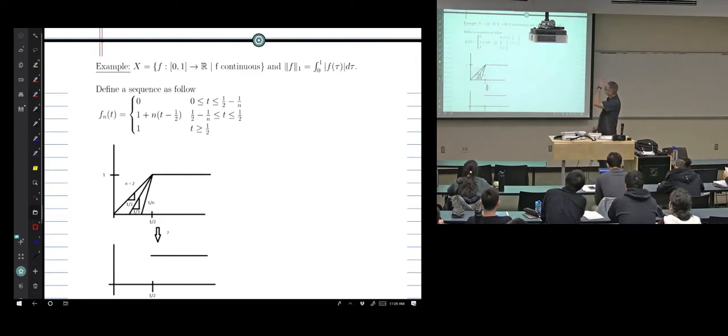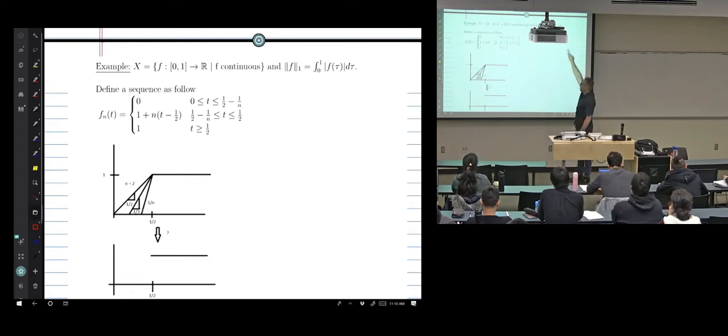This is what we're going to do. We're going to work in an infinite dimensional vector space, the set of all continuous functions on the interval 0, 1. The norm is this one norm that we've used, the integral of the absolute value from 0 to 1.